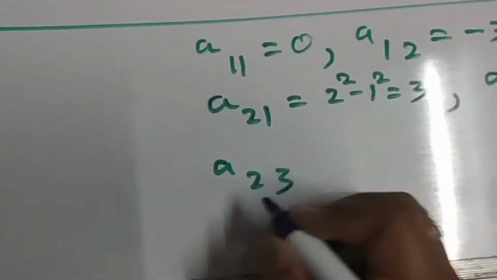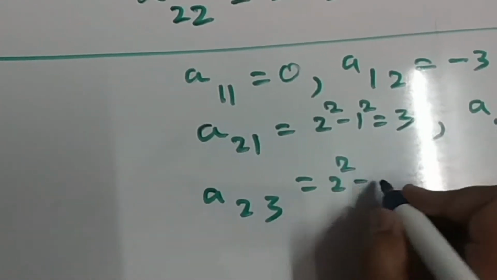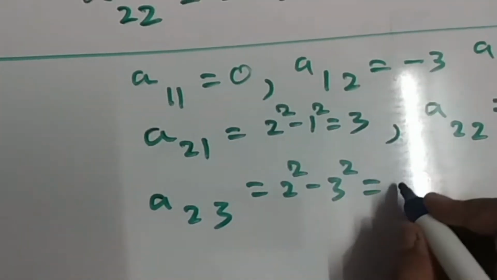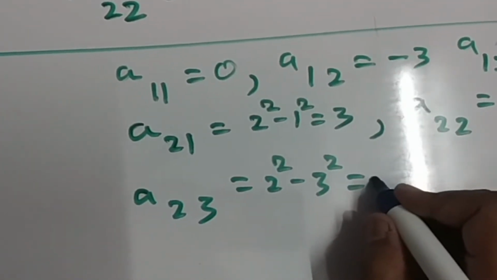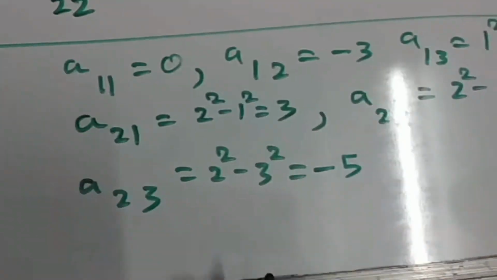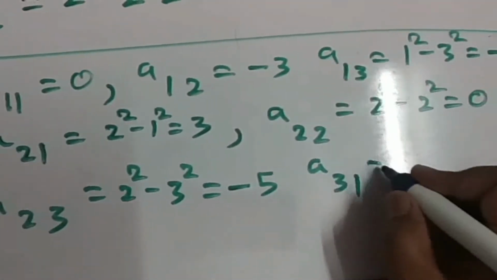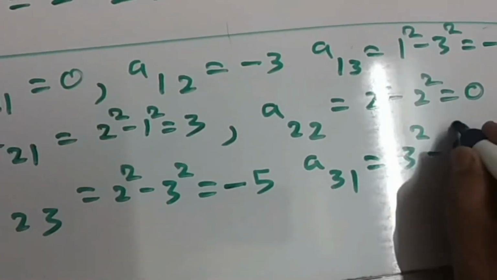Then A23, 2 square minus 3 square, always row square minus column square. Okay, 4 minus 9, that is minus 5. A31, that is 3 square minus 1 square, that is 8.